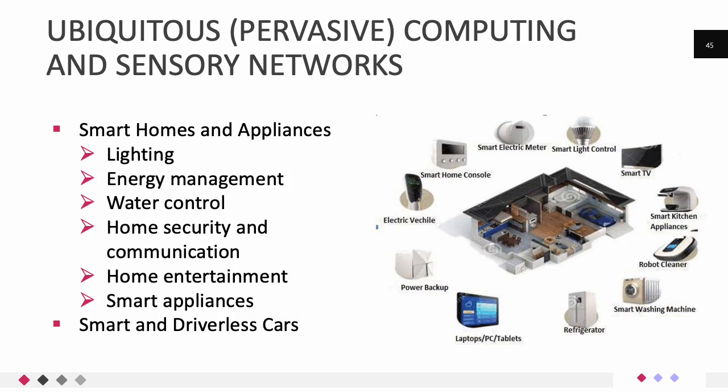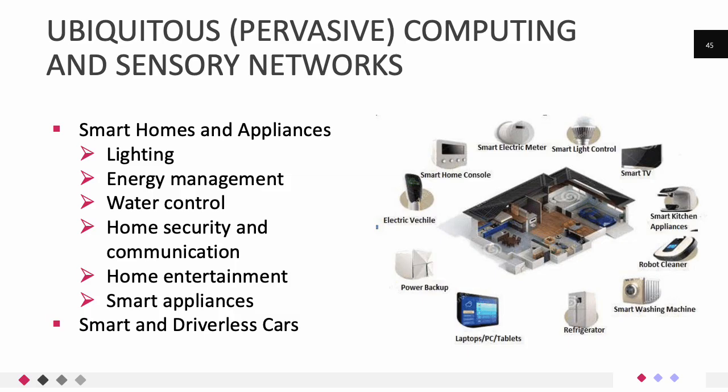And you could have energy management where your air conditioner adjusts automatically to save electricity when no one is home. There's water control to detect leaks and a home security system that lets you see who is at your door from anywhere in the world.